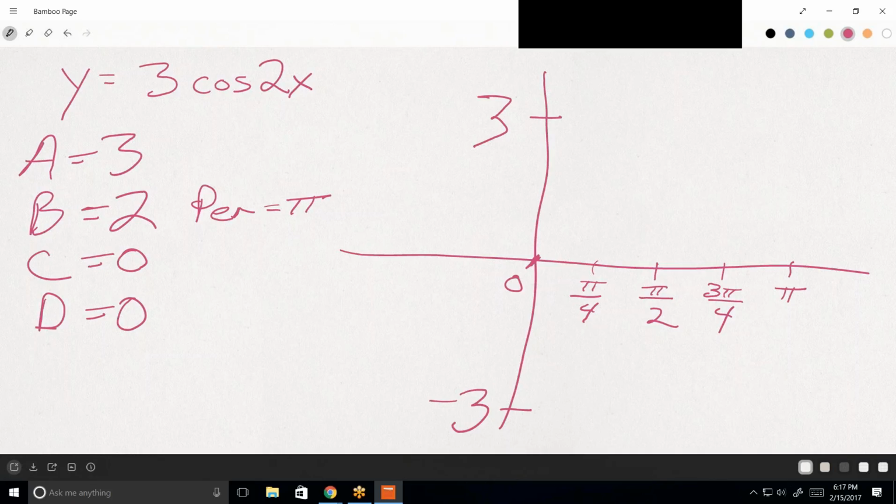The way I've always done these that I think works the best is if you plot 5 points and then connect the dots. You start your cosine curve at its maximum value, goes down through the x-axis the first time through the first quarter point, goes down to the minimum value at the next quarter point, comes back up through the x-axis on the third quarter point, and the fourth quarter point's where it ends. Make it look like a cosine curve.